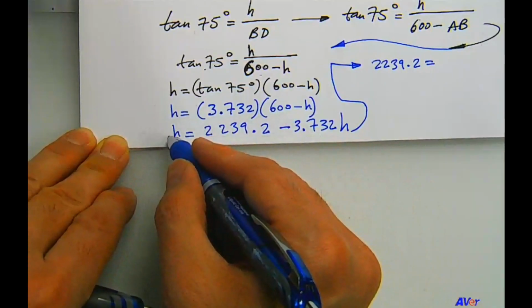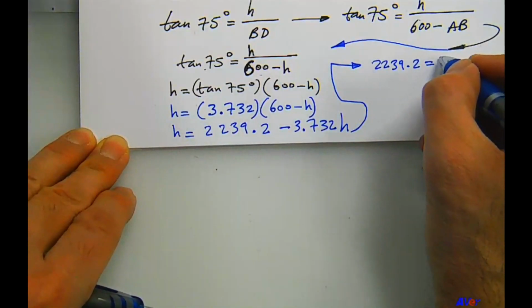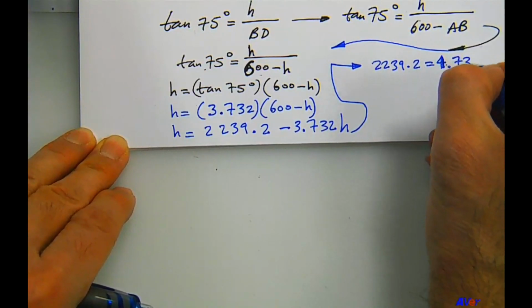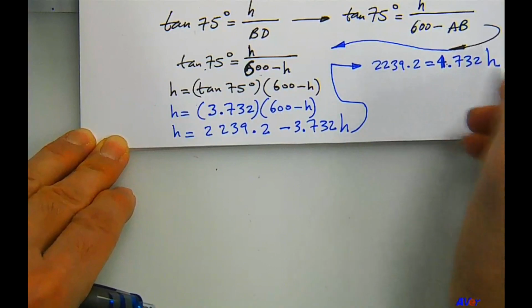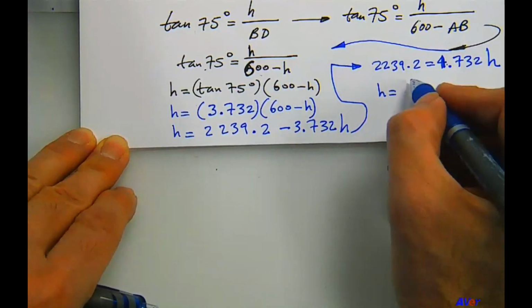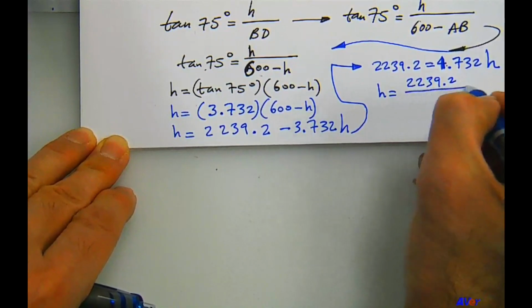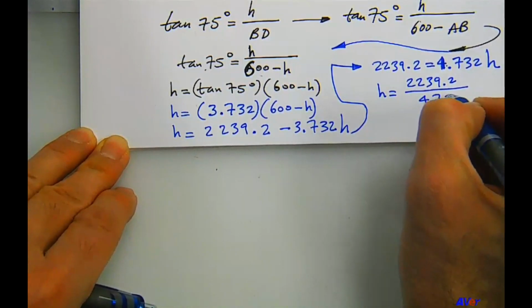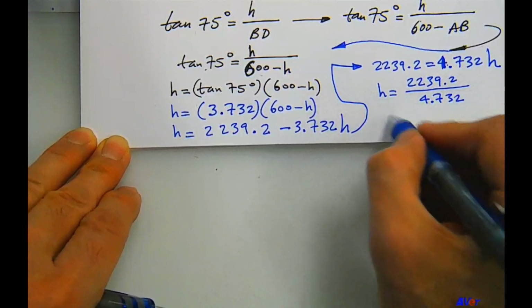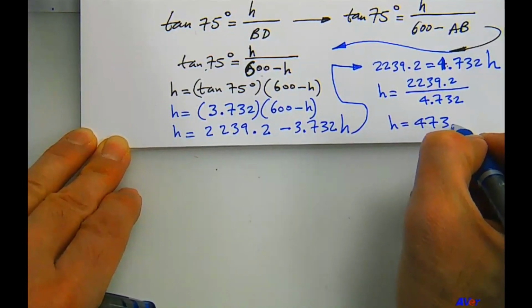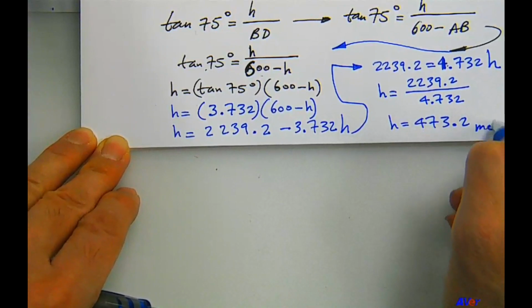So adds to this one, we get 4.732h. So h is equal to 2,239.2 divided by 4.732, and h is equal to 473.2 meters.